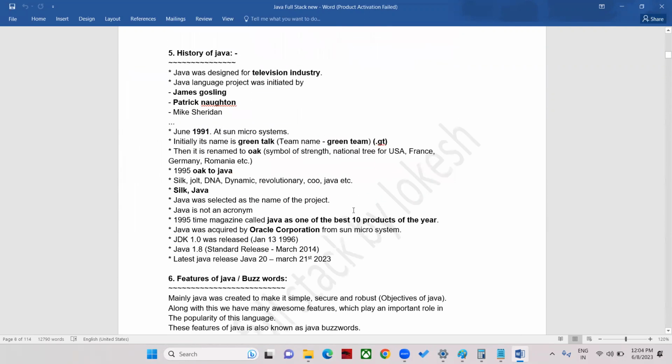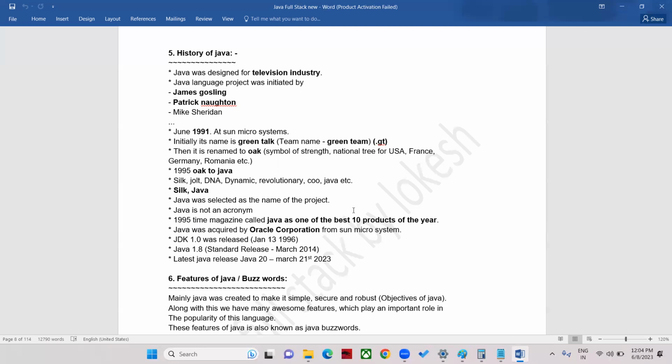We shall do one thing. Let us wind up the session for today. Okay. Let us stop the session for today. So tomorrow I'll be explaining the history of Java as well as features of Java. And the day after tomorrow is the last day for theory. After that, the practical will be started. If you have computers, you can bring them.